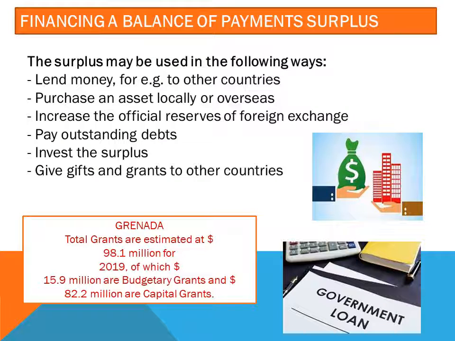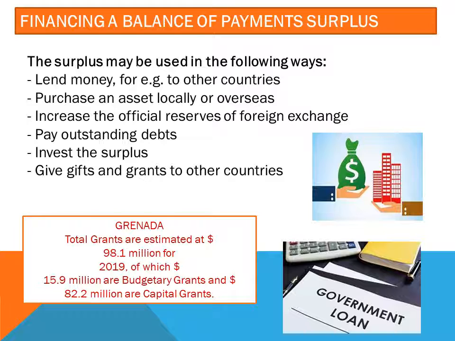All right, so what happens when countries have a balance of payments surplus, which is a good thing, favorable? They can now lend money to other countries. Of course, countries lend money to other countries because they have surpluses. You can purchase assets. You can make investments, like buy shares in companies that may be good for you, especially companies that are considered essential.